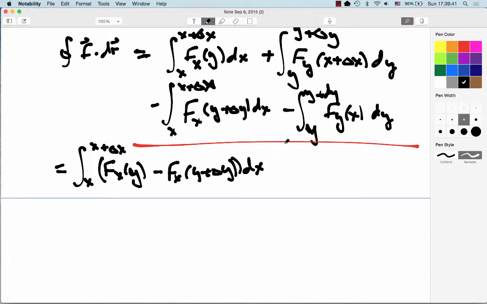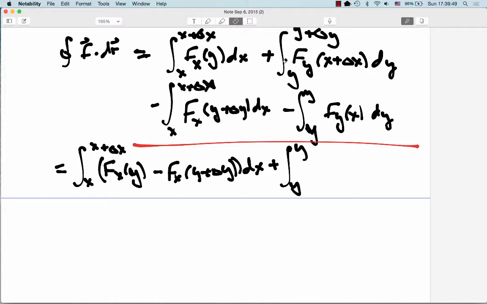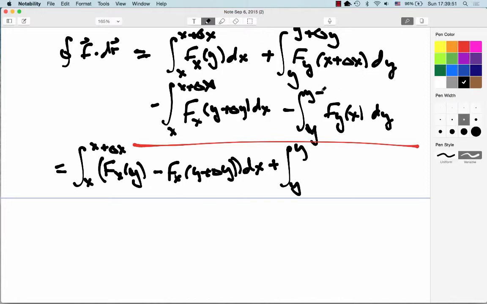And then similarly from here, I will have plus the integral from y to y plus delta y of f sub y at x plus delta x minus f sub y at x, dy.